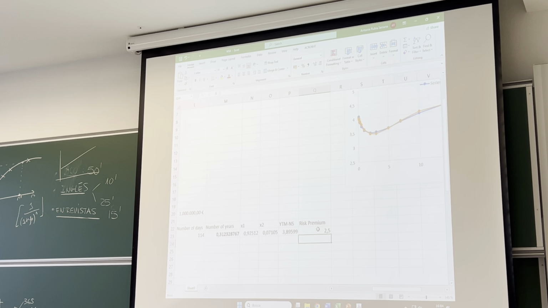I call Angel, the head of the risk department, and he told me 2.5. We don't believe fully in her. That's what we charge because it's risky. So the full rate that we apply in this operation is 6.39% per year.